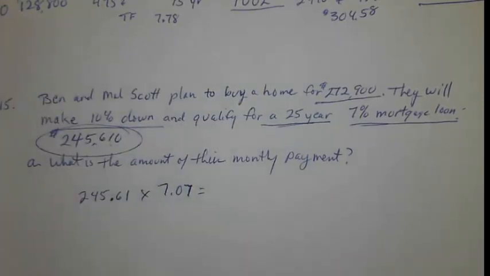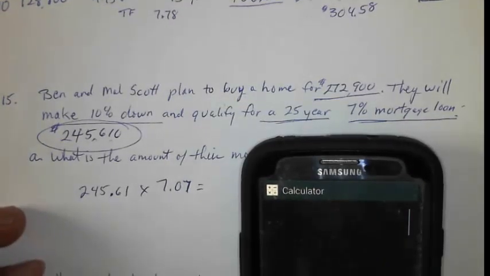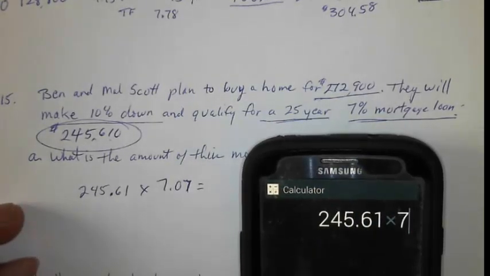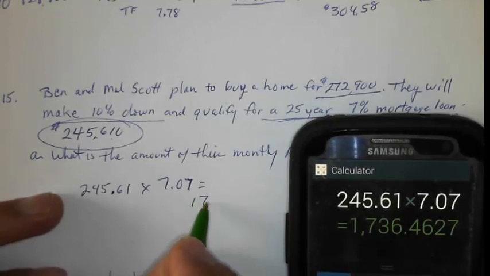So we just get out our calculator. So, clear? 245.61 times 7.07 equals. So our monthly payment then is going to be $1,736.46.